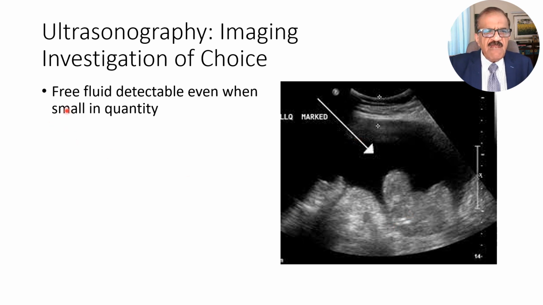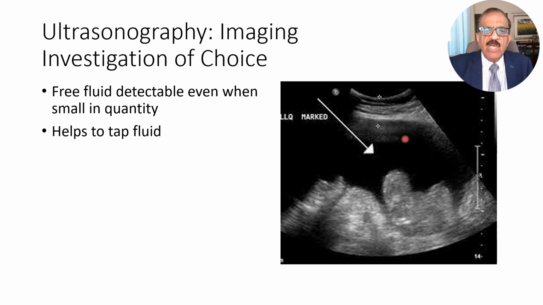Free fluid will be present even in small quantities. If it is small, it will be present only in the paravertebral gutters, in the renal angles. But if it is large, it will be floating. You can see in this abdomen, all this black shadow is a large amount of fluid, and this is intestinal contents. So that can be detected. It helps to tap fluid.